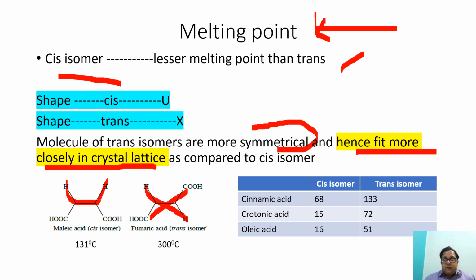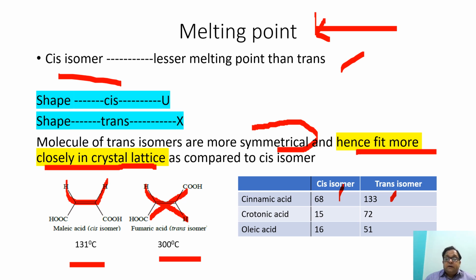As is very clear from this example, maleic acid, being the cis isomer, has a melting point of 131 degrees Celsius, and the trans isomer, fumaric acid, has a melting point of 300 degrees Celsius. Similarly, the cis isomer of cinnamic acid has a melting point of 68 degrees Celsius and the trans isomer 133.